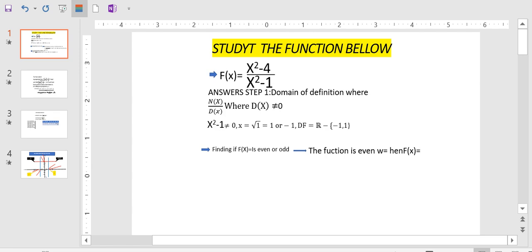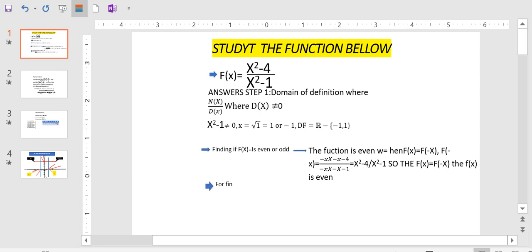Finding if the function is even or odd. The function is even when f of x is equal to f of negative x. To prove it, negative x squared negative 4 over negative x squared negative 1 is equal to f of x.